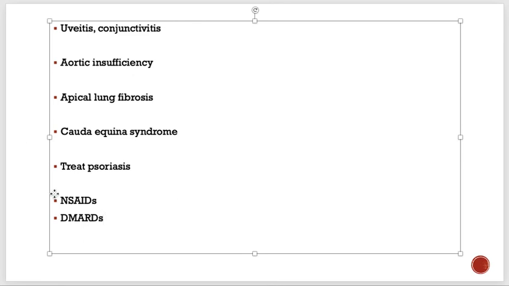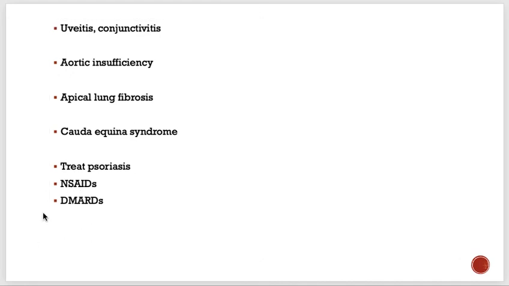Remember, guys, psoriasis runs in families, and there is a criteria to diagnose psoriatic arthritis. No one will ask you, by the way. It is called the CASPAR criteria, but you don't have to remember them. We go in the treatment the same way: treat psoriasis, NSAIDs, and DMARDs, which we give to the patient. So, that's all about spondyloarthropathies.